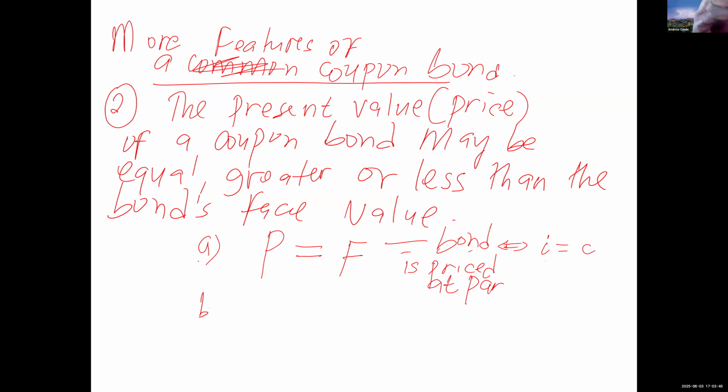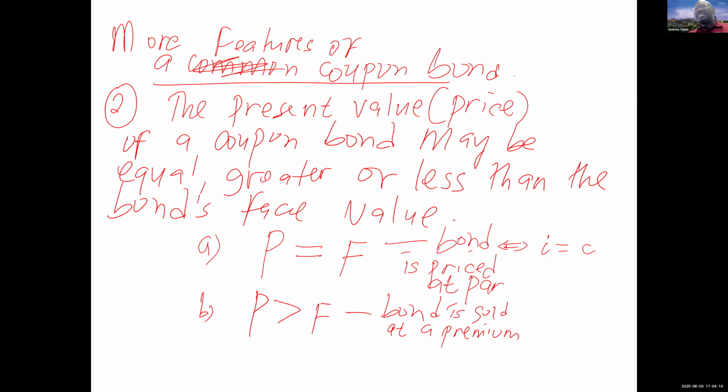B: if the price of the bond is greater than the bond's face value, that means the bond is sold at a premium. Premium means the bond is priced above par.